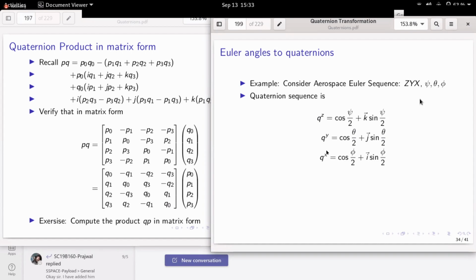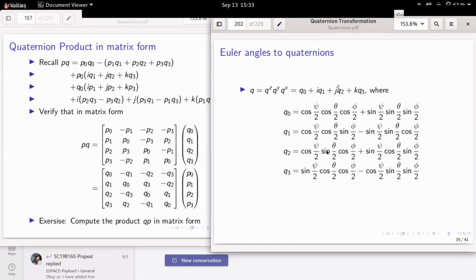Depending on which rotation is done first, you multiply these in a particular way. Here we are assuming x is the first rotation, then y and then z. So this is the sequence of multiplication. When you multiply these qz, qy, qx, the quaternion you obtain will be this complicated expression.